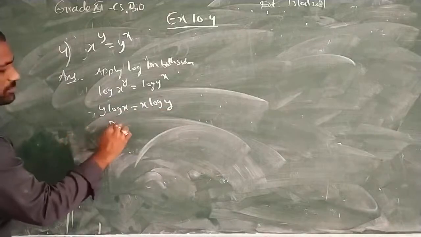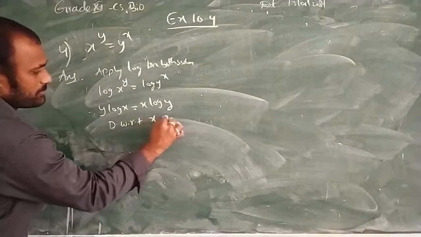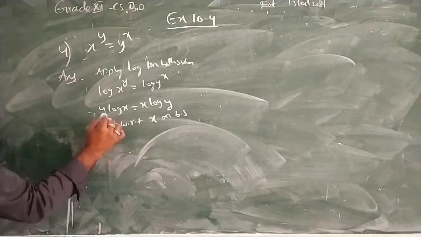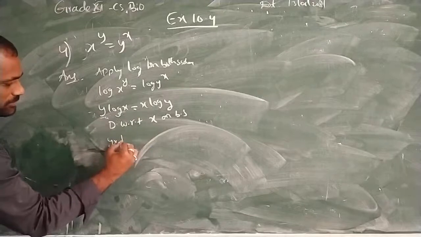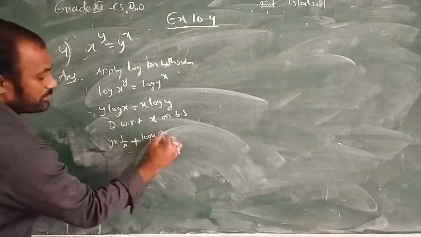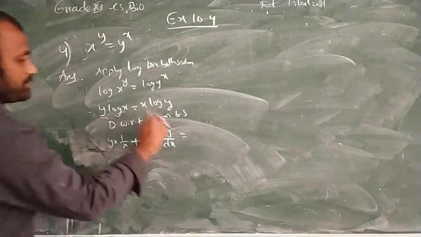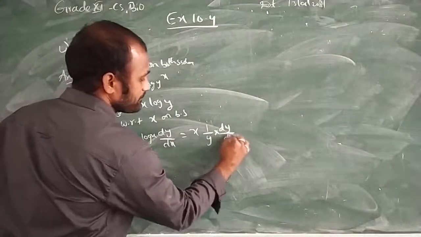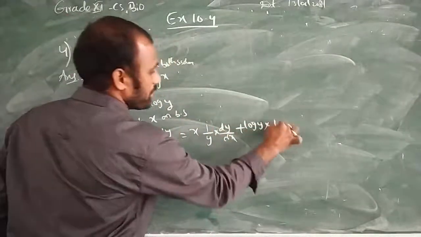Now differentiation with respect to x on both sides. It is in the format of uv. So first function as it is, derivative of the second function 1 by x, plus second function as it is, derivative of the first function, dy by dx, is equal to first function as it is, derivative of the second function is 1 by y into dy by dx, plus second function as it is, derivative of the first function is 1.